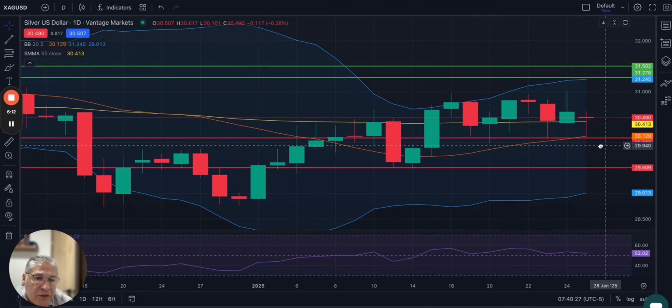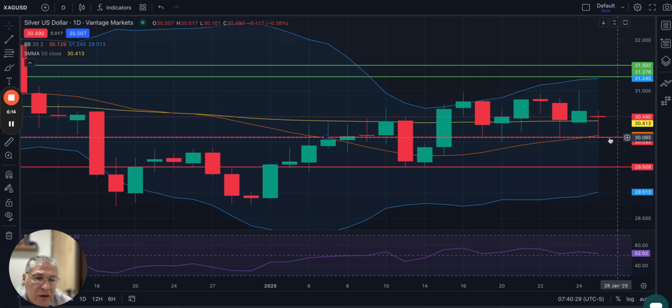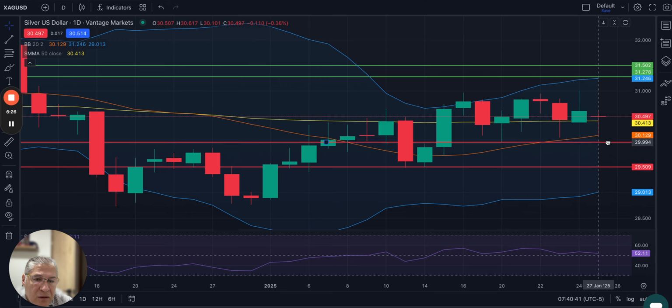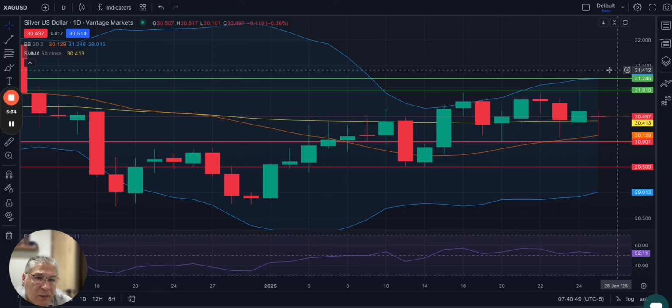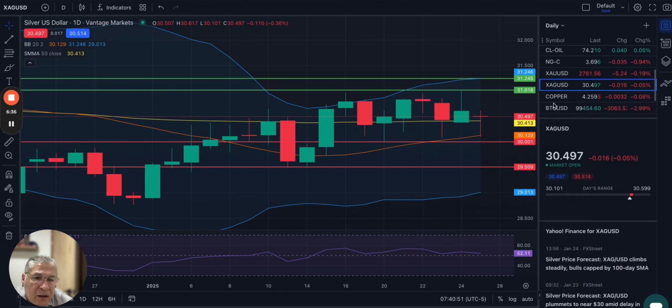Silver also opened with a gap down. It's kind of close to the open over here, and this is a doji. Let's use $31, that swing high from last week, up to the Bollinger Band.